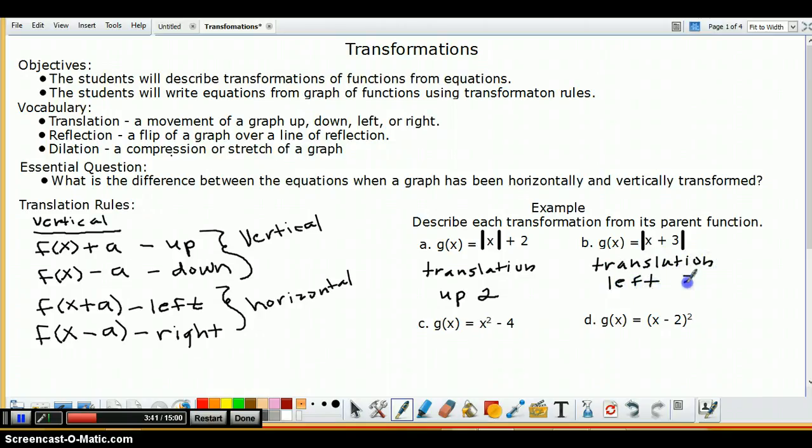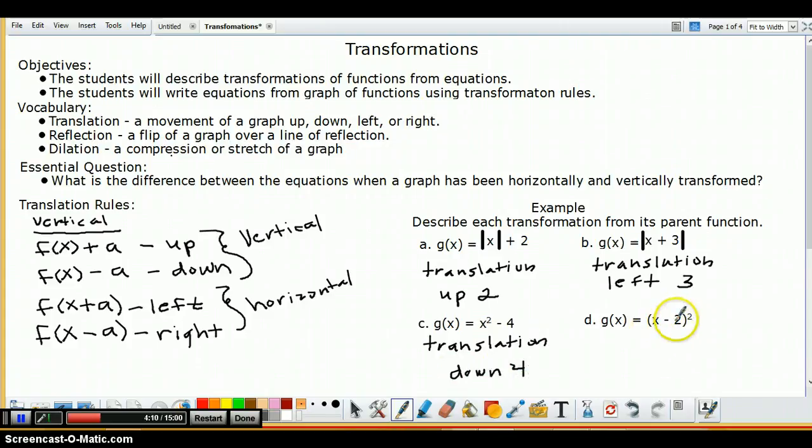Okay, so g of x equals x squared minus 4. If you compare to d, you see how I added the parentheses. There's no parentheses here. So that minus 4 is our outside, down, vertical. So translation down 4.